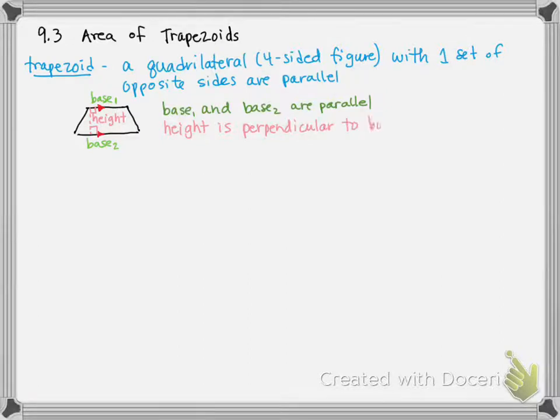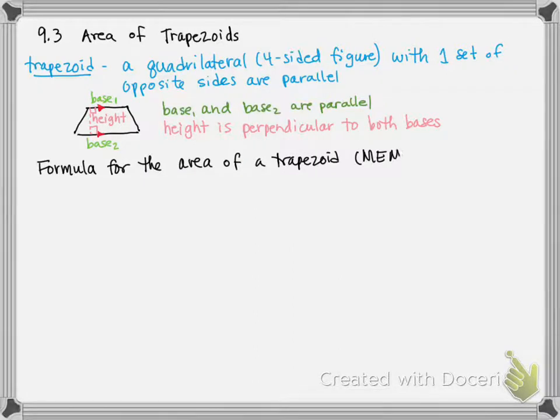So we've got a new formula, but it's going to have aspects of what we've already seen before. It's kind of an interesting combination, actually. So the formula for the area of a trapezoid, I'm going to tell you got to memorize it.